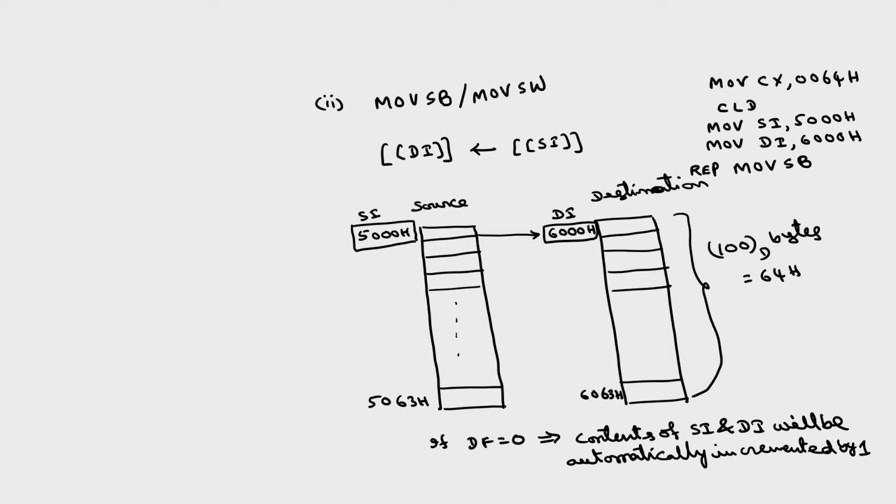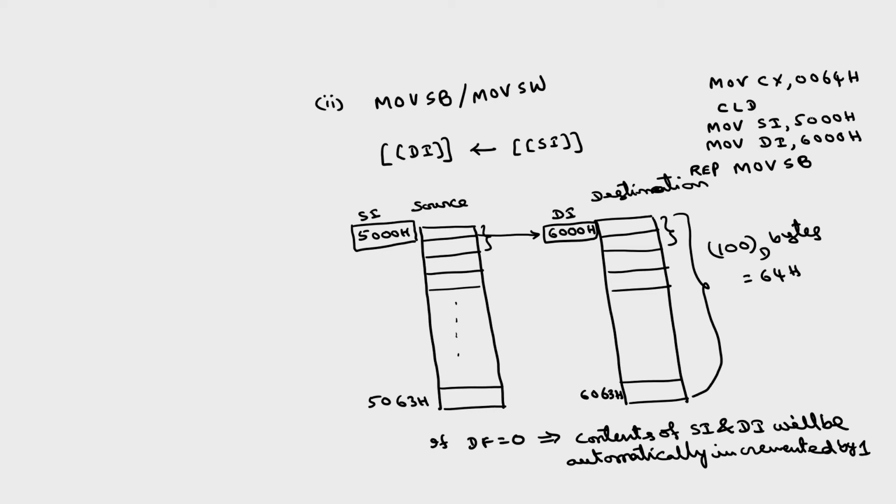In order to transfer a word, everything is the same. The only difference is that here we will have 64 more locations. These two constitute one word, these two constitute one word. Like that we have 64 words, meaning we will have 100 more locations here and 100 more locations here. I am not showing them here.